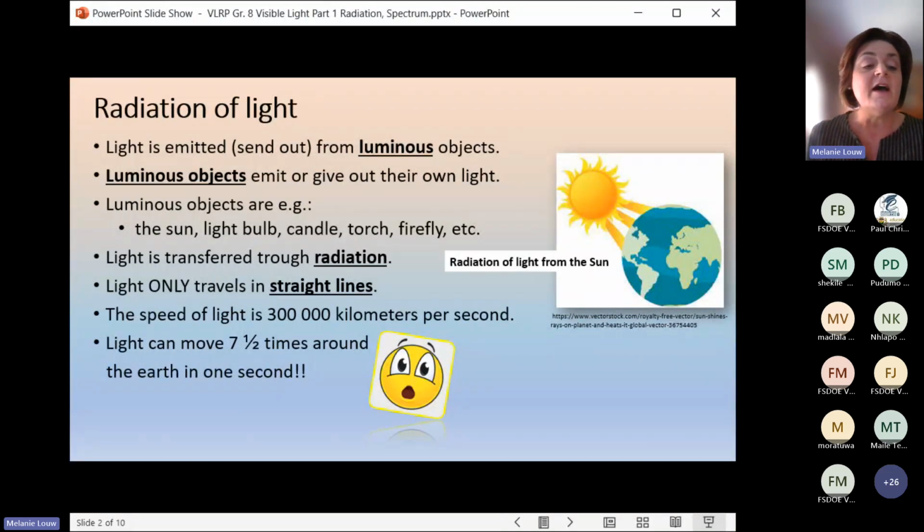Light can never go around a bend or a corner. Light can only travel in straight lines. And then something very astonishing is that the speed of light is 300,000 kilometers per second. So light moves extremely fast, 300,000 kilometers in 1 second. And that means that light can move 7.5 times around the earth in 1 second, which is really astonishing.